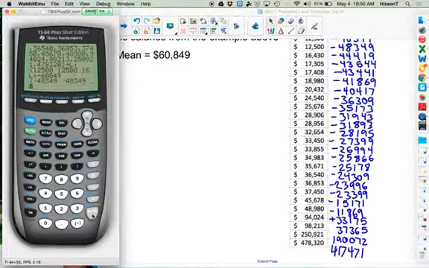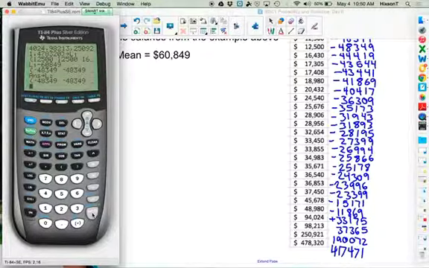And just for ease, let's store that in L2. So hit store, and list 2 is above the number 2 button, and hit enter. Then what do we want to do with that?